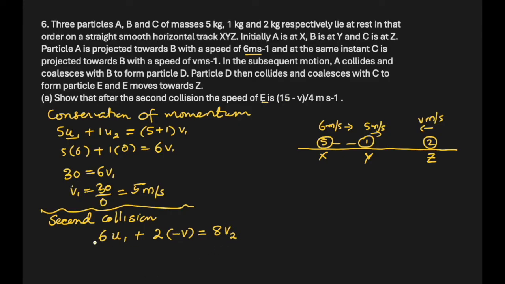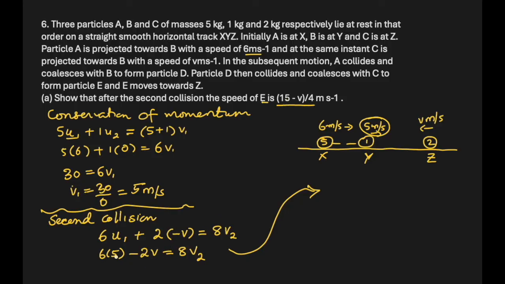And 6 plus 2, all three together is 8 kilograms, so it becomes 8v2. So 6 times u1, which we know is 5, so 6 times 5 minus 2v equals 8v2, and we have to show this for v2.